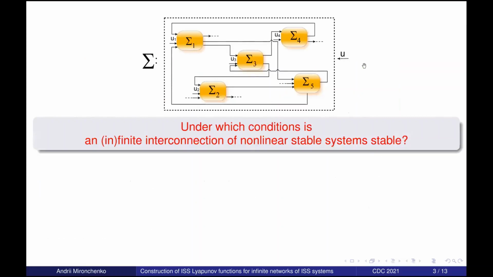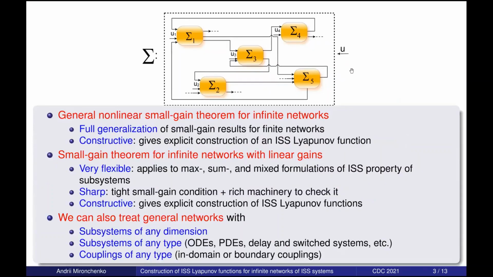Today, our question will be, under which conditions is an infinite interconnection of nonlinear stable systems itself stable? We provide several tools for how we can approach this problem. In this talk, I will explain the general nonlinear small gain theorem for infinite networks.